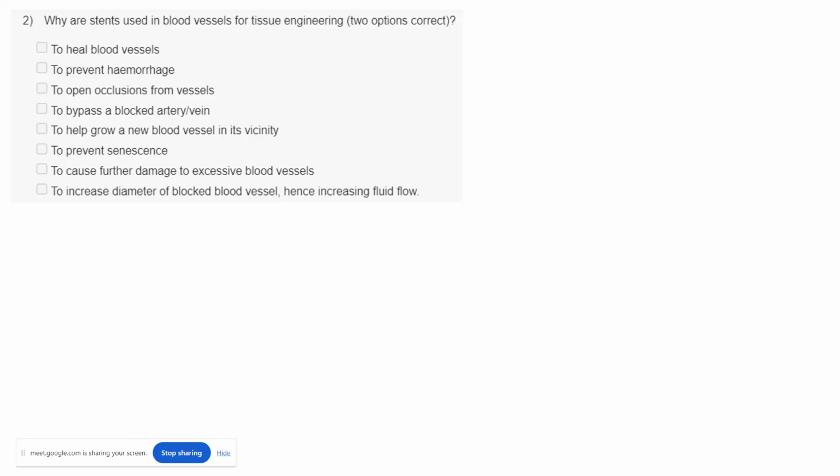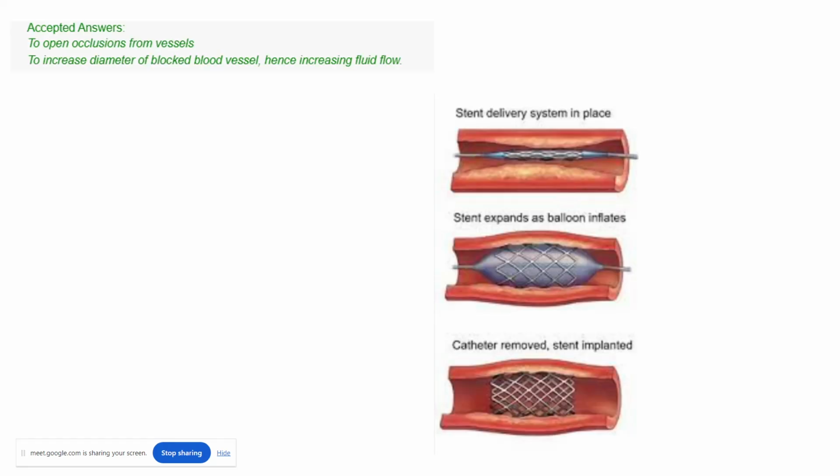Anyone? Option 3 and the last options are the correct ones.